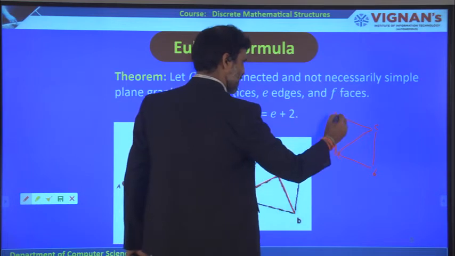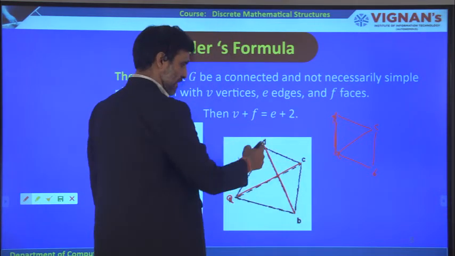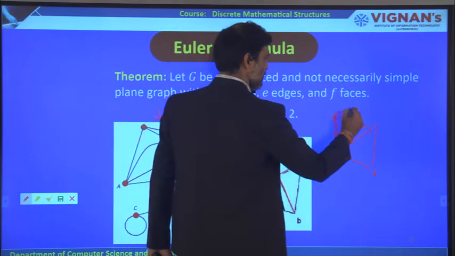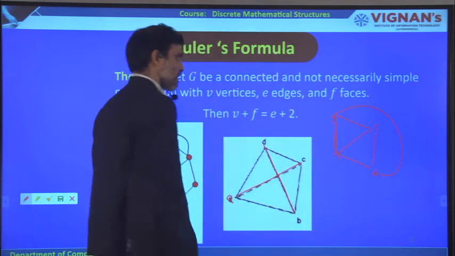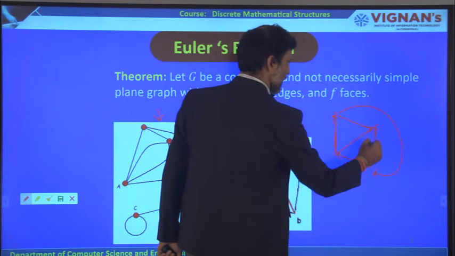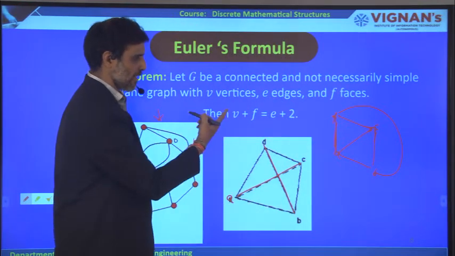In this case no edge is crossing other edges. Instead of taking the edge like this, I am going to take the edge like this. So the same graph can be drawn like this also. Now in this case no edge is crossing another edge, therefore that is a planar graph.